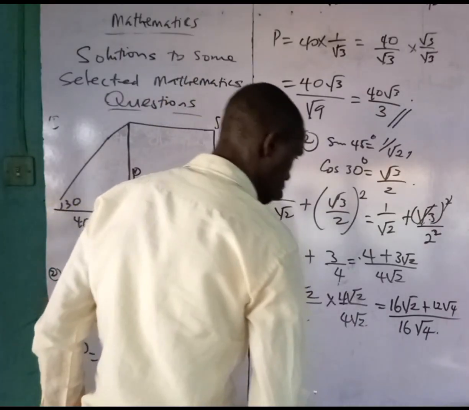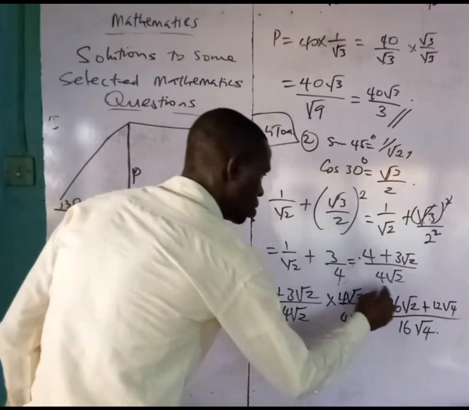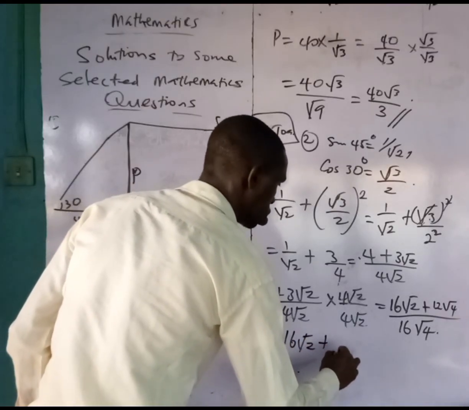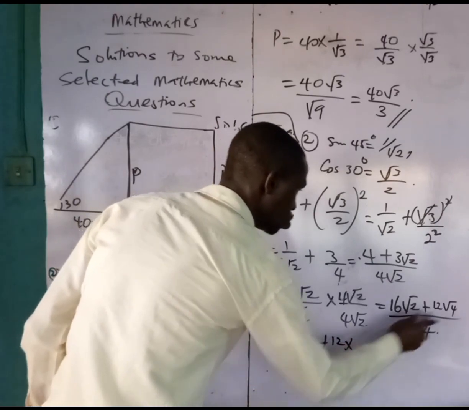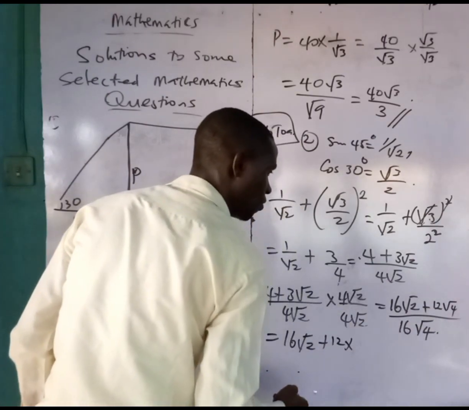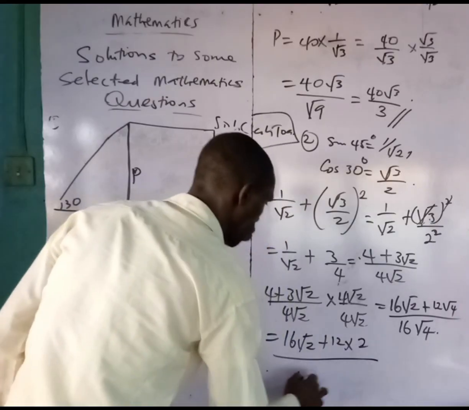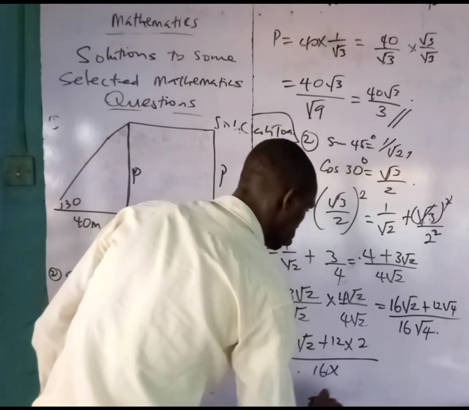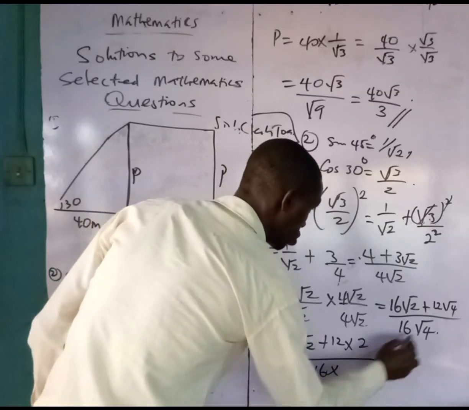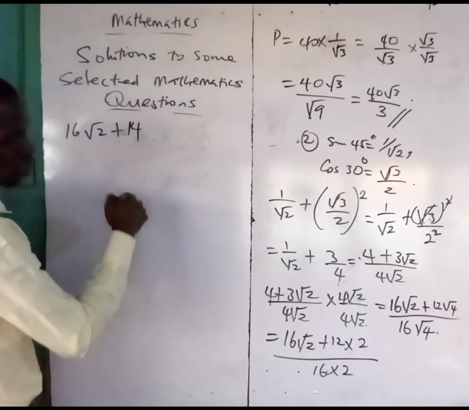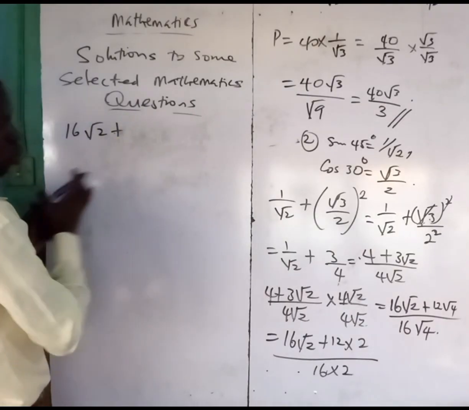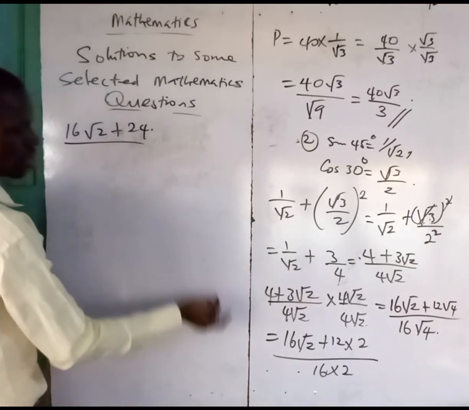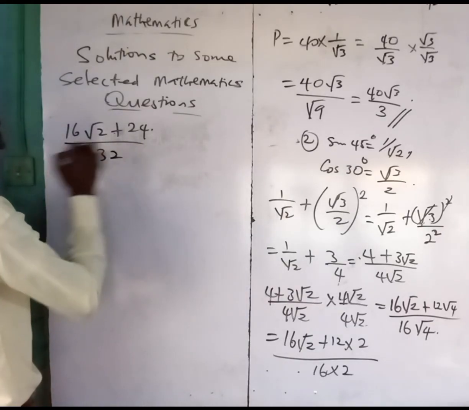Do we get that? So by so doing, you will now get 16 root 2 plus 12 times, you know the square root of 4, that's 2, over 16. What's the square root of 4? That's 2. 12 times 2, that's 24. Over 16 times 2, that's 32.